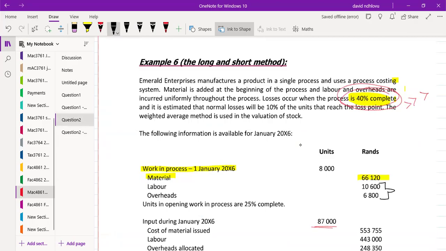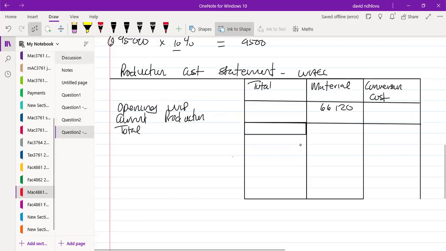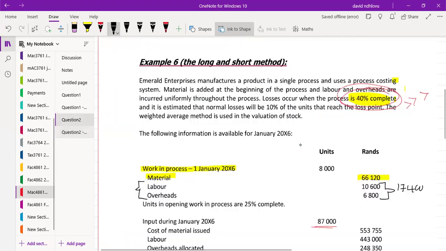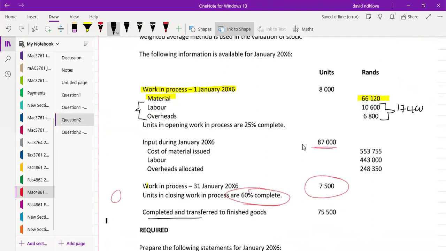So we add these two: 10,600 plus 6,800, we are going to get 17,400. So in our opening WIP, we had already incurred a conversion cost of 17,400. Then we add these two together, and we are going to get 83,520.